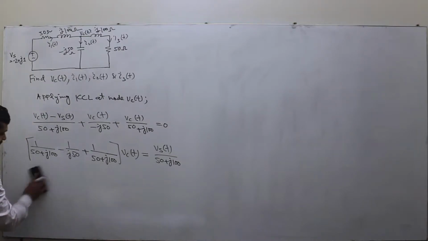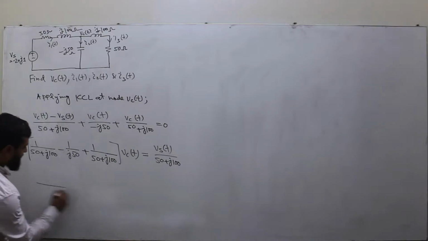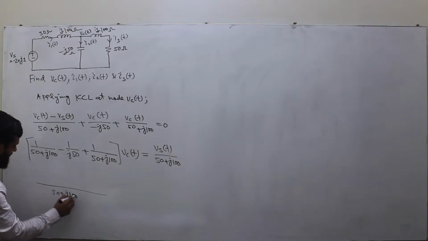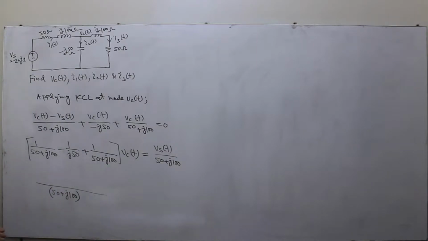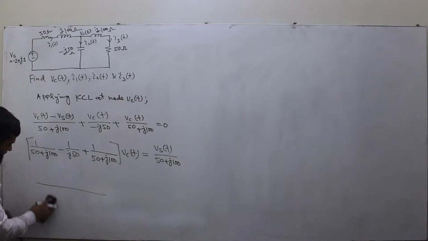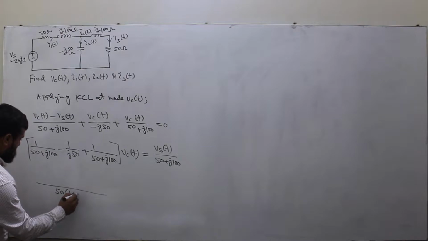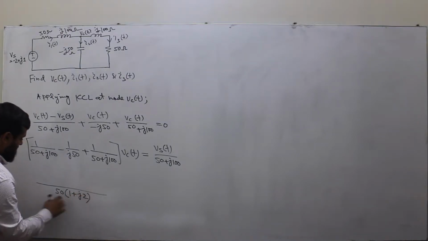First let's take the LCM here, which is 50 plus j100. We can simply notice that 50 is common in it, which we can also write as 50 into (1 plus j2).